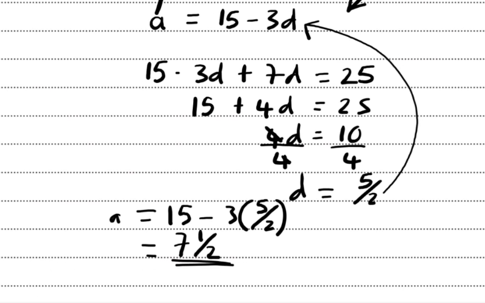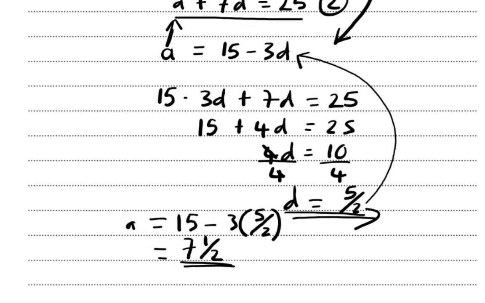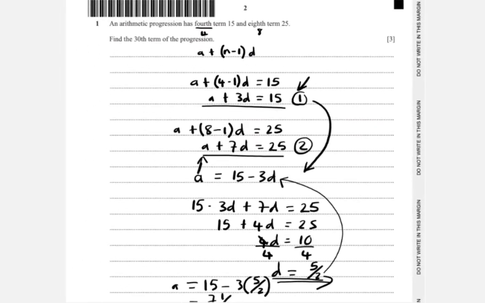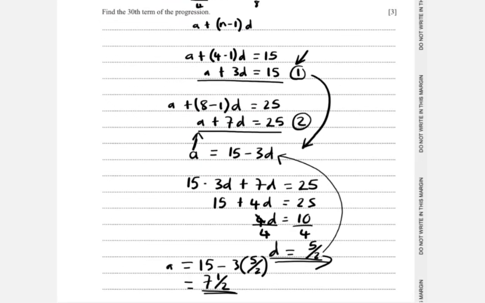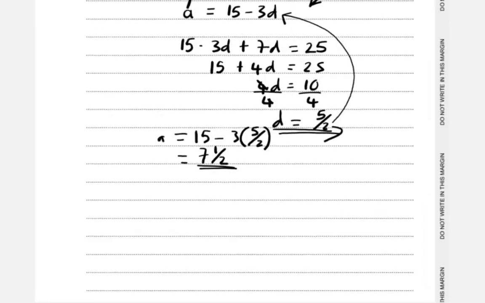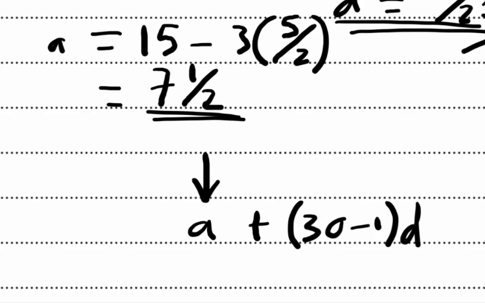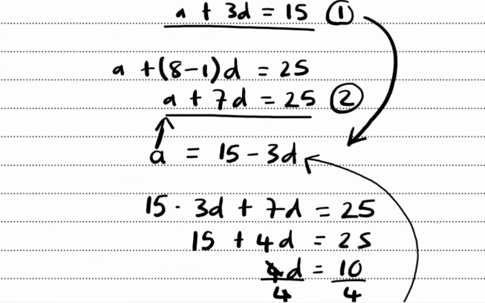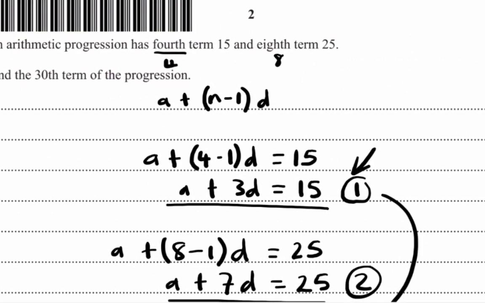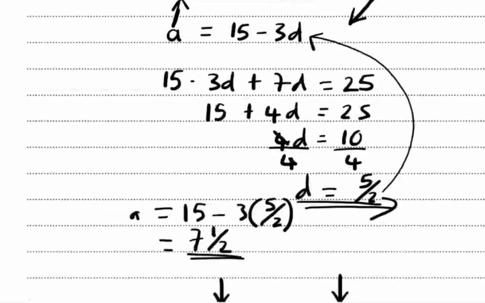Now we have the first term of the progression and d, which is the common difference. To get the 30th term, we're just going to say a plus, our n is 30, so 30 minus 1 d. This is the reason why we had to get a and d first, because for an nth term in an arithmetic progression, we refer to this formula right here.